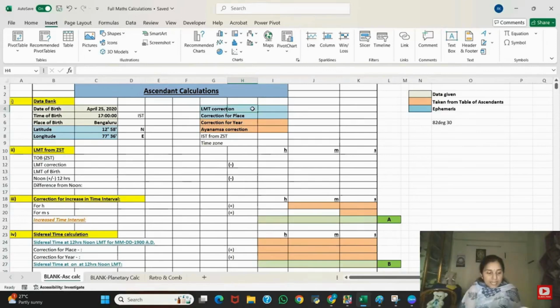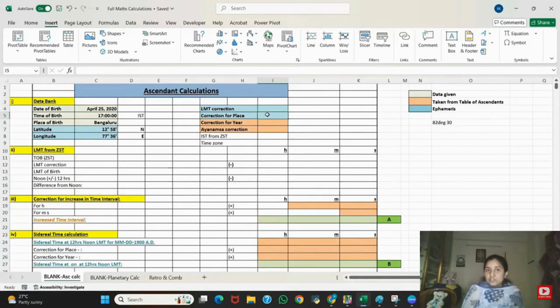Here we have it as 19 minutes 36 seconds. This is the LMT correction with respect to Indian standard time for Bengaluru. This is with respect to place, longitude, and is not related to the time; it is specifically based on the place.